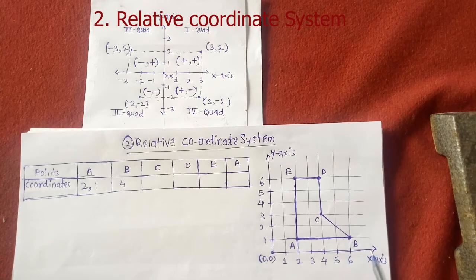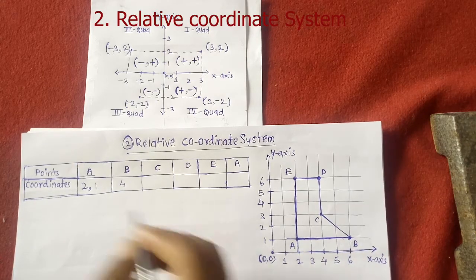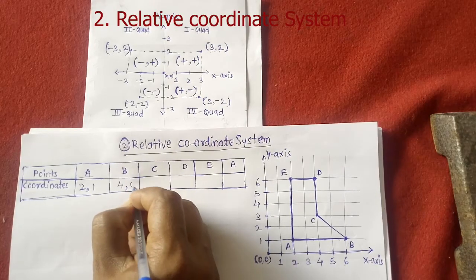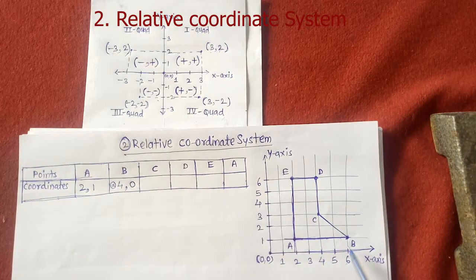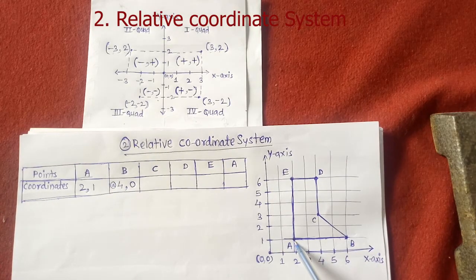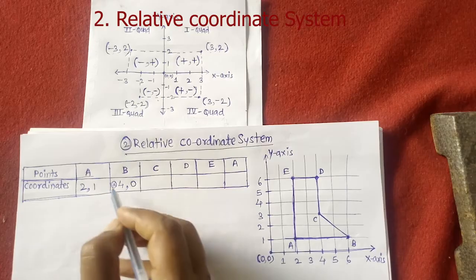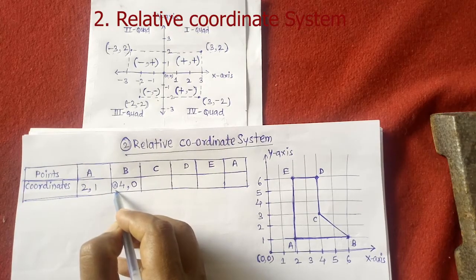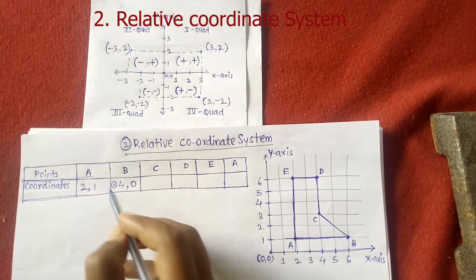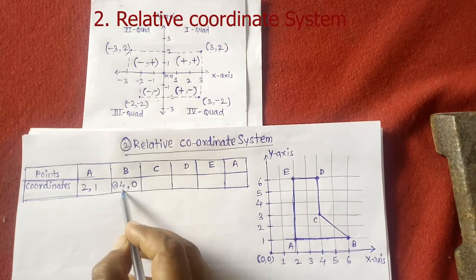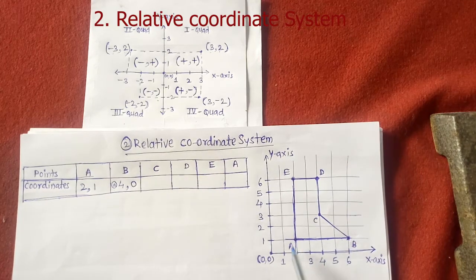So y coordinate is 0 for this point B, because we have calculated the coordinates of point B relative to A. When we calculate the coordinates relative to the earlier point, then we must put the @ symbol so that anyone can understand that these points are calculated with reference to the earlier point A.